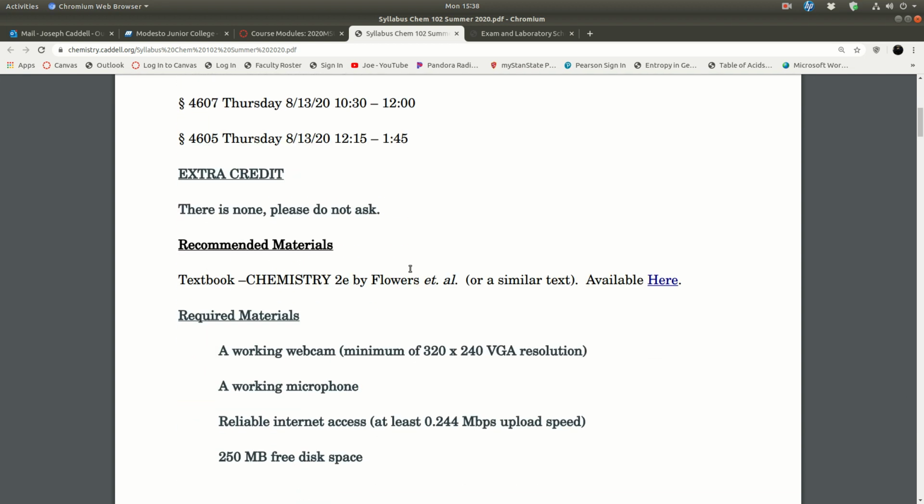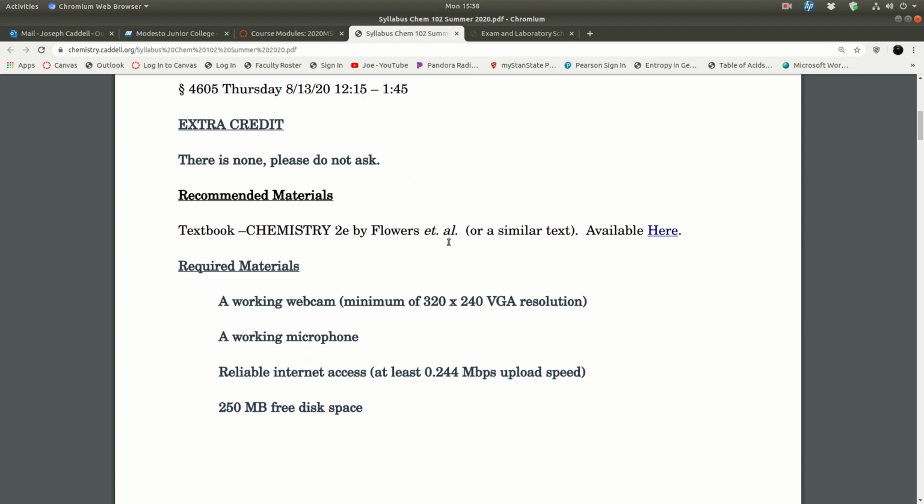The textbook is through OpenStax. It's online. You can buy a hard copy if you want to, I think through Amazon for $50 or something like that. However, the textbook is recommended rather than required because all the information you need is accessible through Canvas.